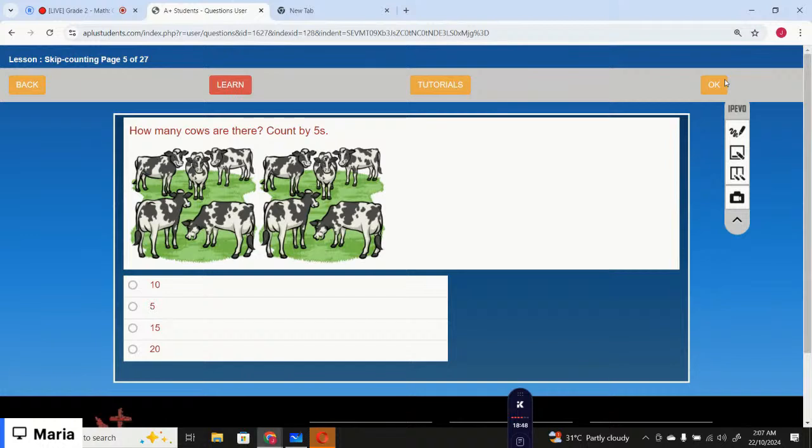Okay, how many cows are there? You need to count by fives. So, which is the correct option?